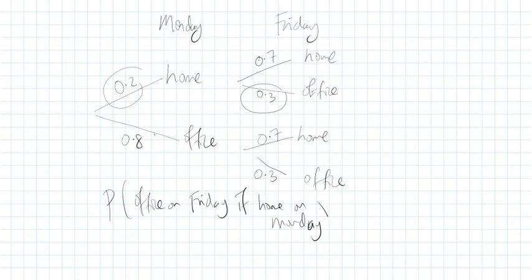That's a conditional probability because there's a condition. How do we know there's a condition? There's the word if written here. So if the person was home on Monday, what's the probability that the person is at the office on Friday? What would that be?